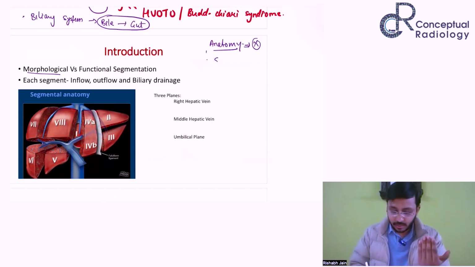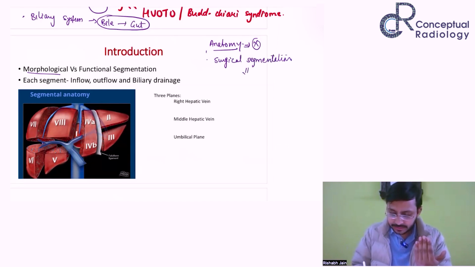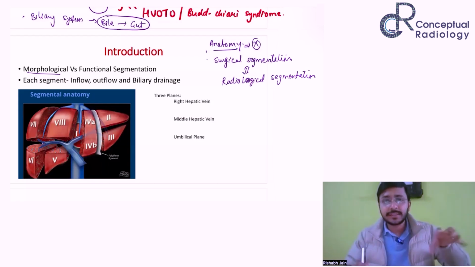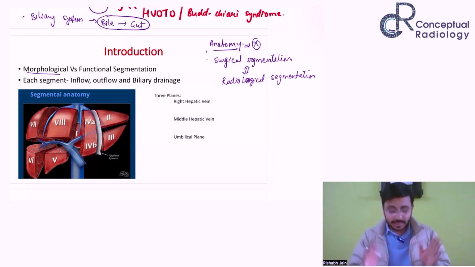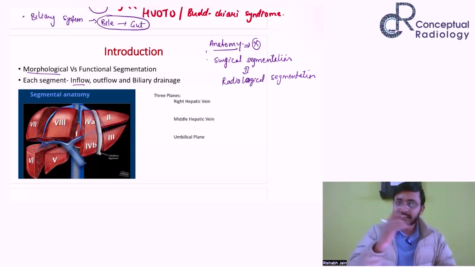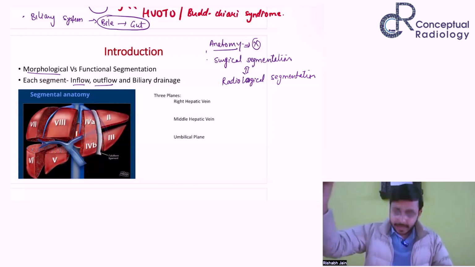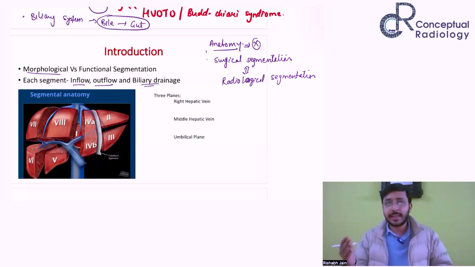What we are concerned about is, number one, surgical segmentation, and related to this, our radiological segmentation. Each segment has a separate inflow, that is hepatic artery and portal vein, a separate outflow, that is a hepatic venous radical, and a separate biliary drainage, that is a separate biliary radical associated with it.